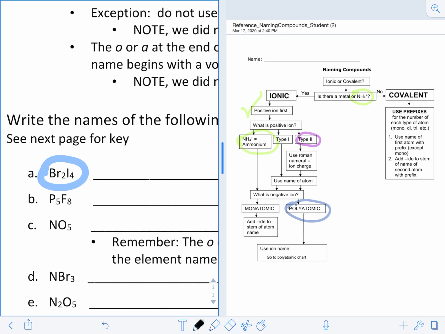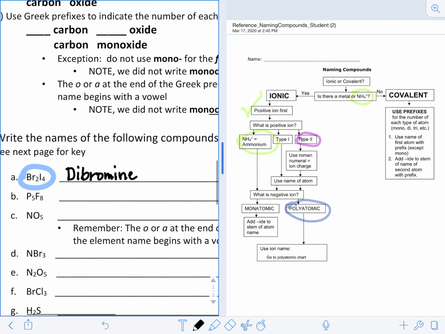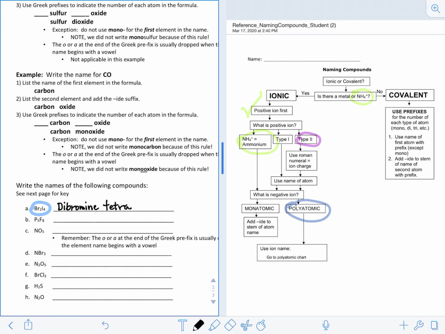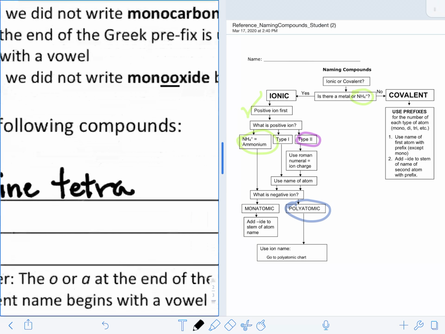Now we have a subscript of 2, so we're going to use the prefix di, and we're going to write the name of the element, which is bromine. And notice that there is a 4 there, and from the previous video you should know that 4 represents tetra. Now, some people will drop the a and just call it tetraiodide. It's up to you.